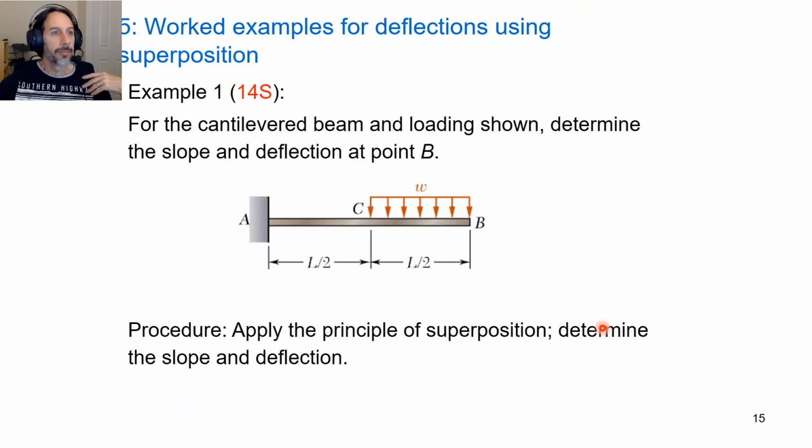Here's a quick example. We have a cantilever beam with a uniformly distributed load over half of the length, at the free end. Apply the principle of superposition to determine the slope and deflection. You think, hang on a second, there's only one load here. How are we going to use superposition?